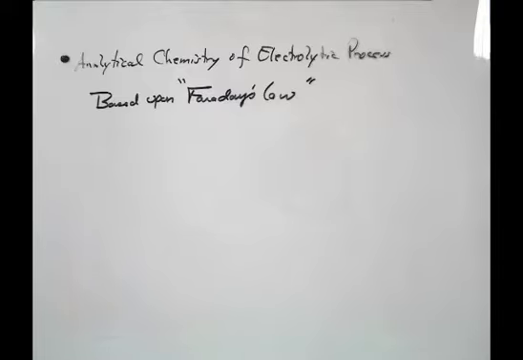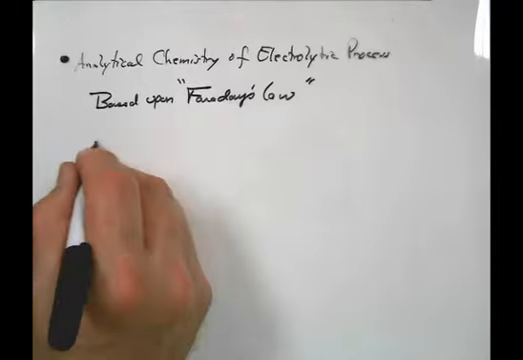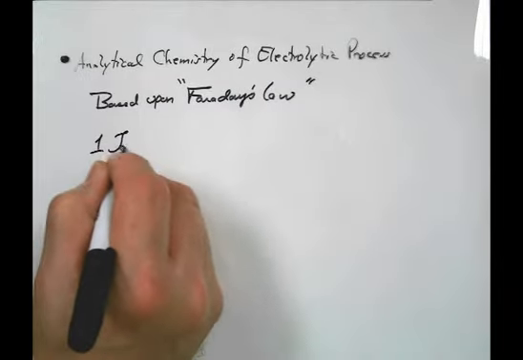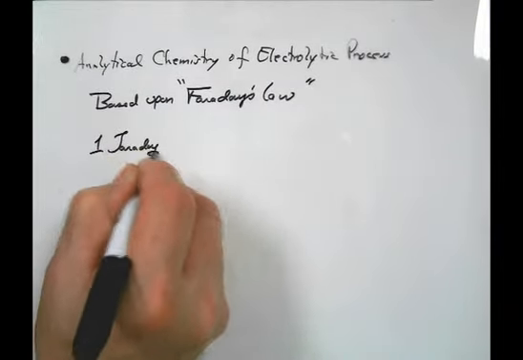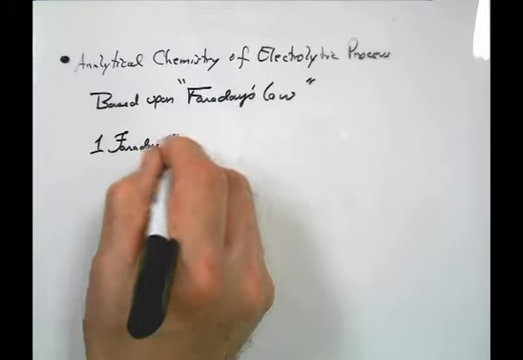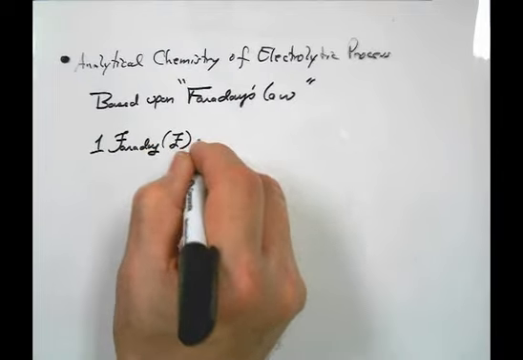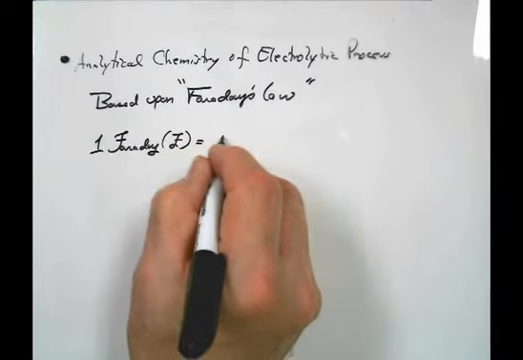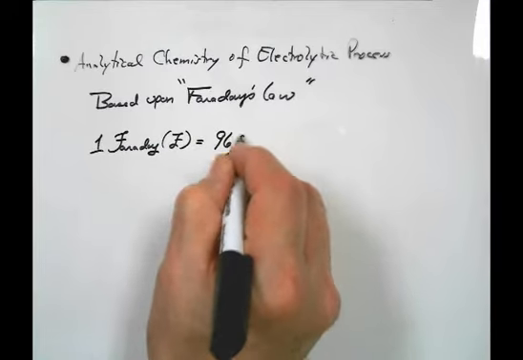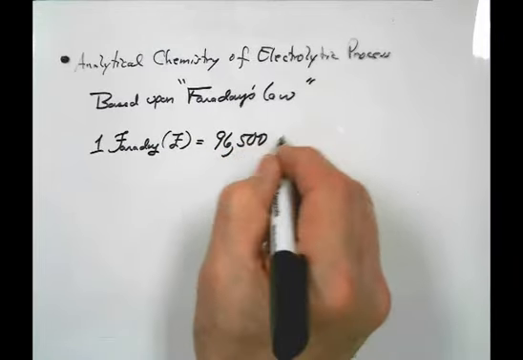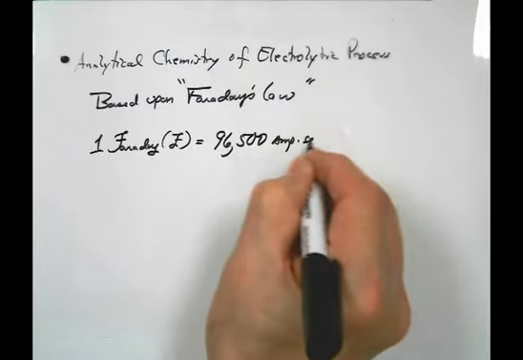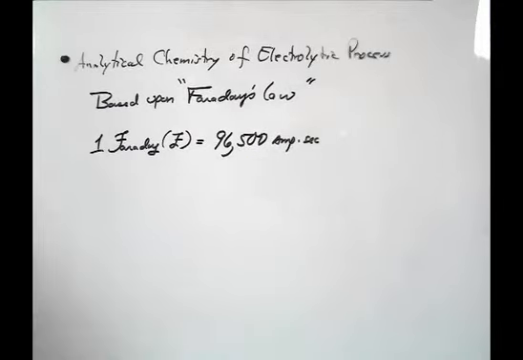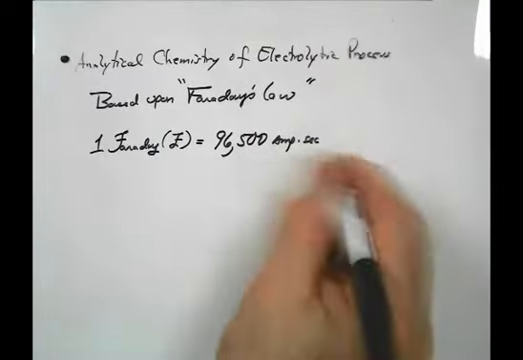All right, having said that, what I'm trying to tell you is 1 Faraday, capital F, if you will, is equal to 96,500, trust me on this, amp seconds. This is a big conversion factor.